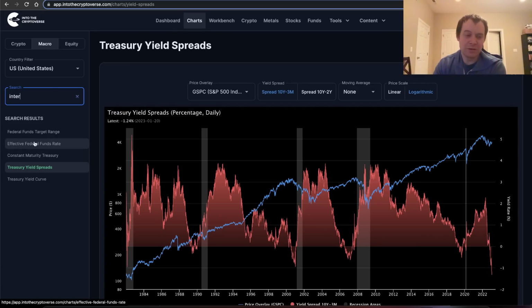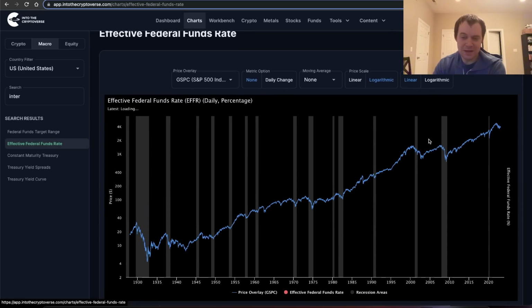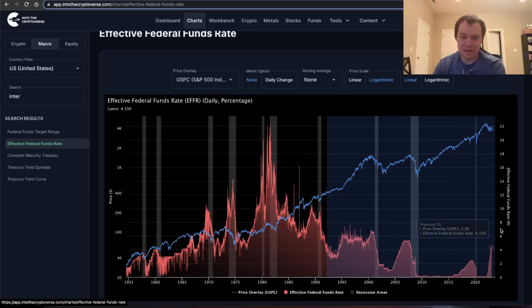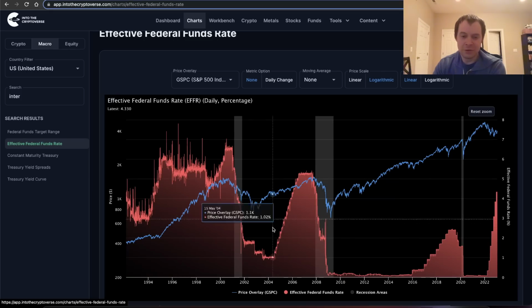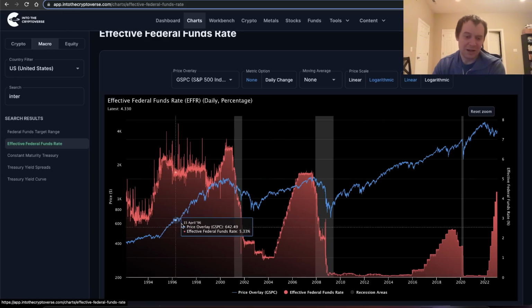Okay, so if you were to go take a look at the effective federal funds rate, and you really hone in here to the last 30 years or so, normally the Fed is raising interest rates when the market is pretty strong and moving along pretty well, not really during periods of high inflation, right? The 90s was not really a period of high inflation.